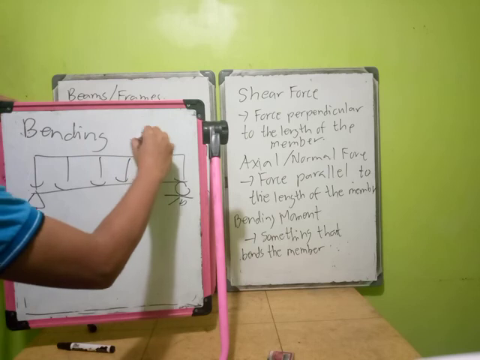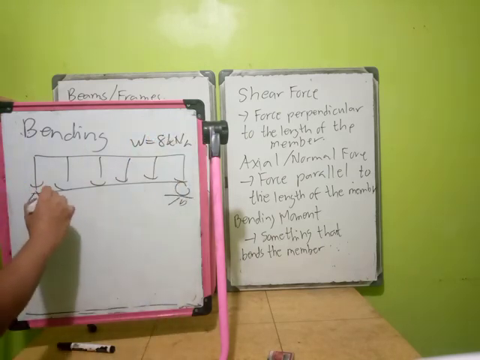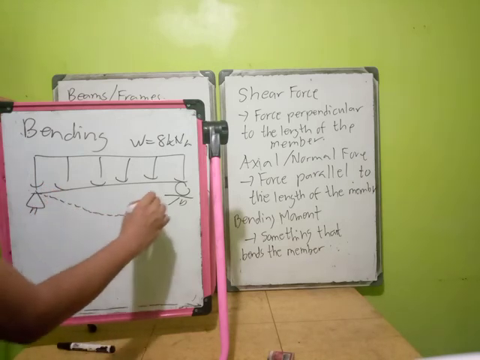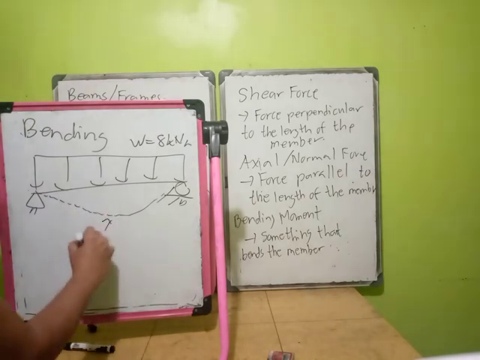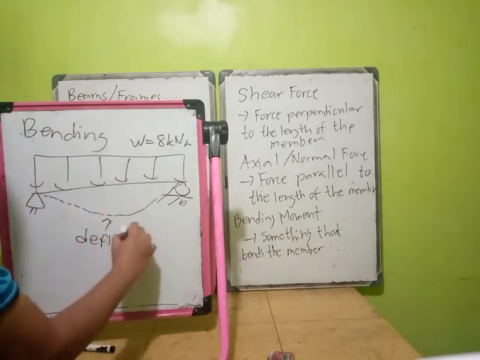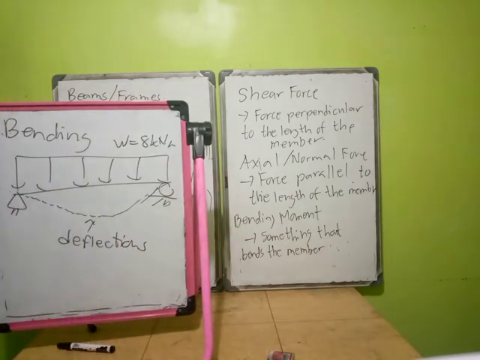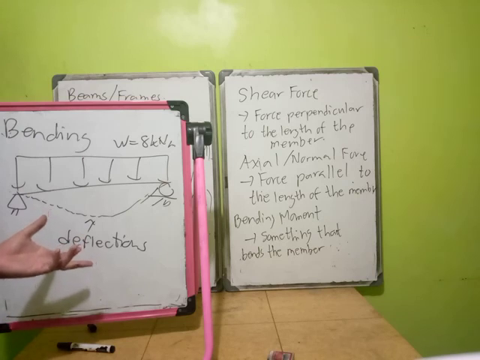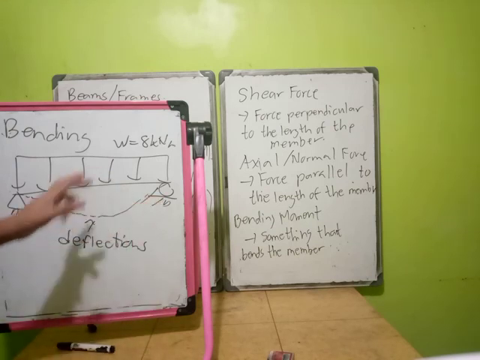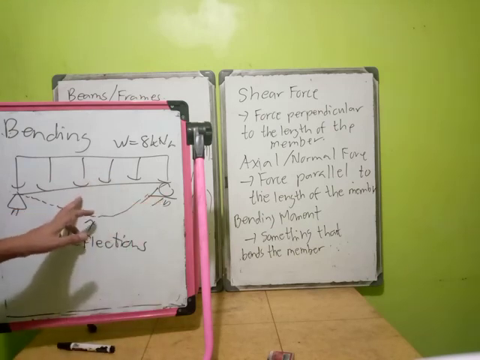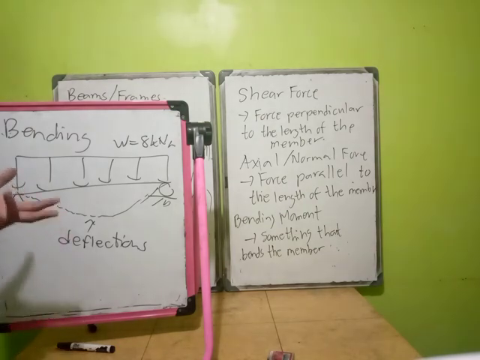Let us say W is equal to 8 kilonewton meter. So, yung forma niya is maggaganito siya. Okay? So, ganyan. So, there is what we call deflections. Okay? So, kapag may bending sa member mo, meron siyang deflection. Yung bending yung nagkukos na mag-deflect yung beam mo, perpendicular to the member, not parallel. So, ganyan yung si bending. Okay, something that bends the member.